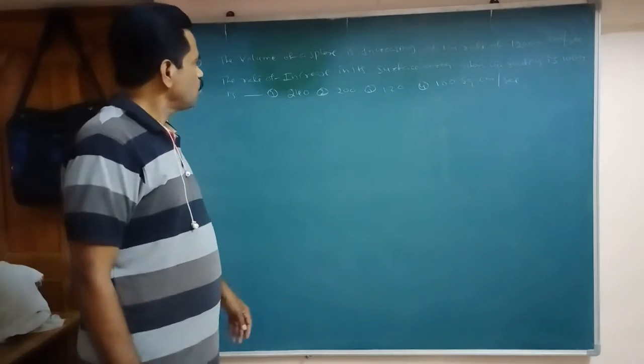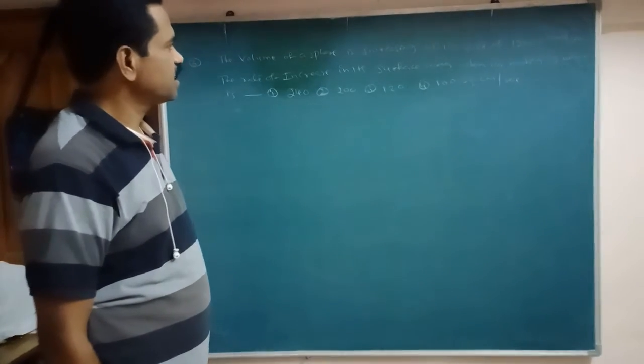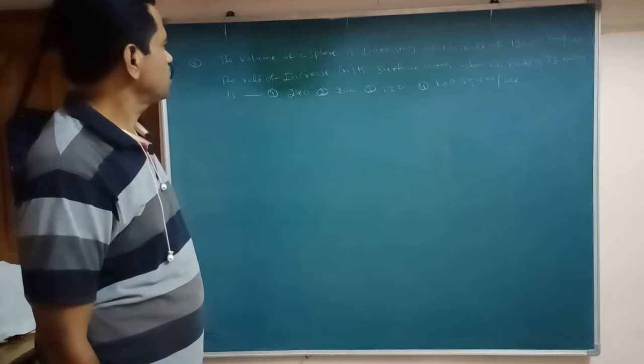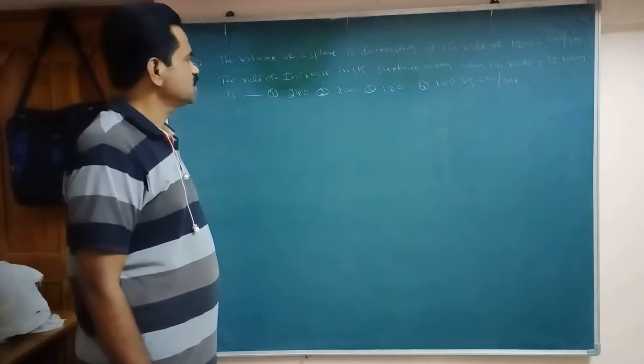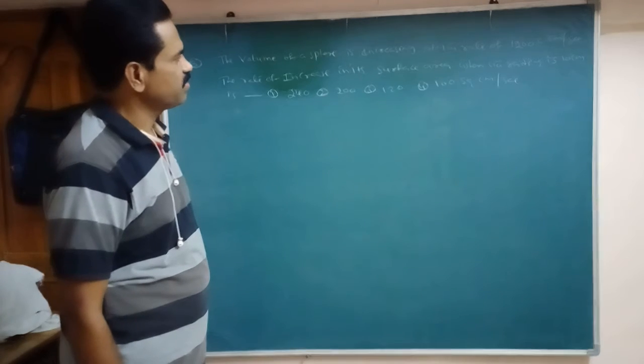The volume of a sphere is increasing at the rate of 1200 cubic centimeters per second. The rate of increase in its surface area when the radius is 10 centimeters is. So first, what is given here? dV by dt equal to 1200 cubic centimeters per second.